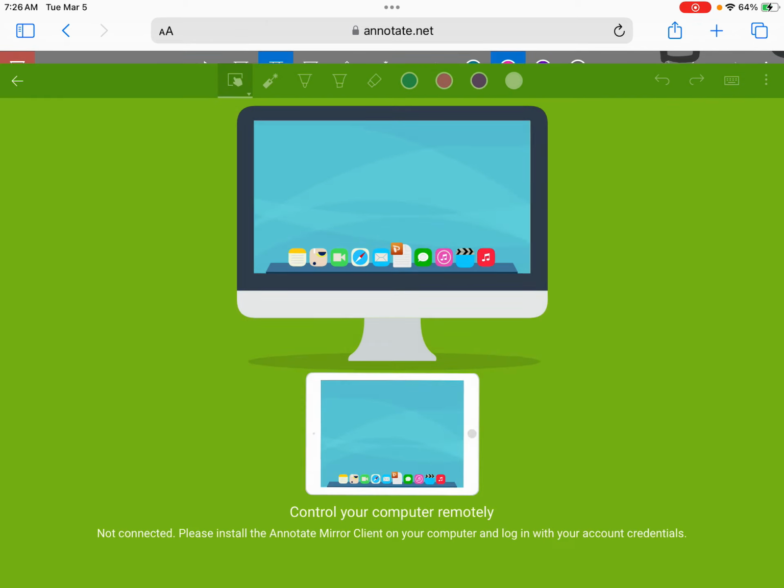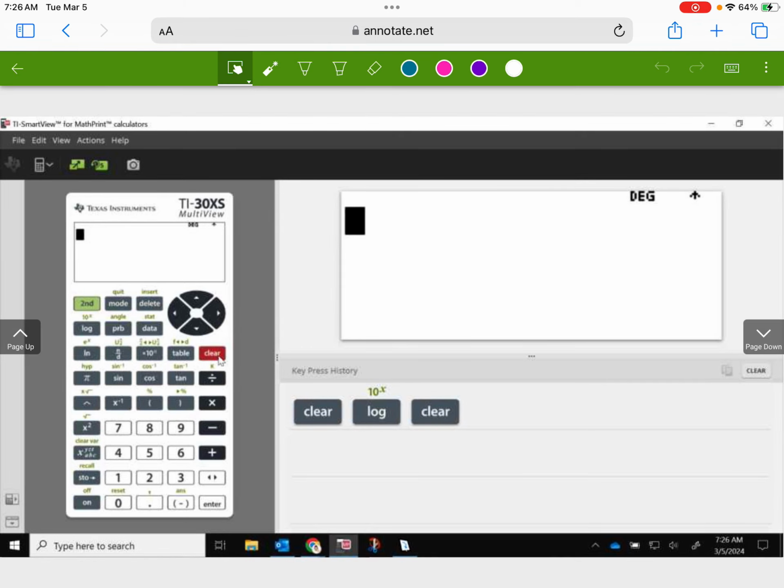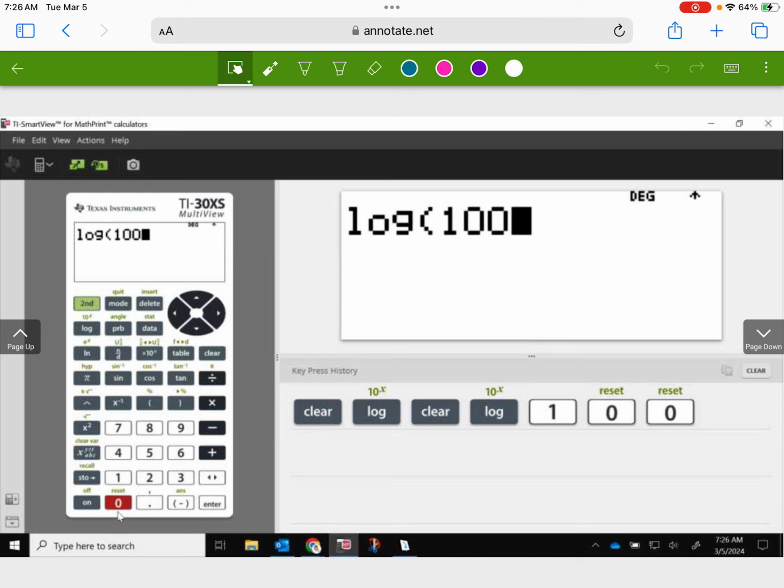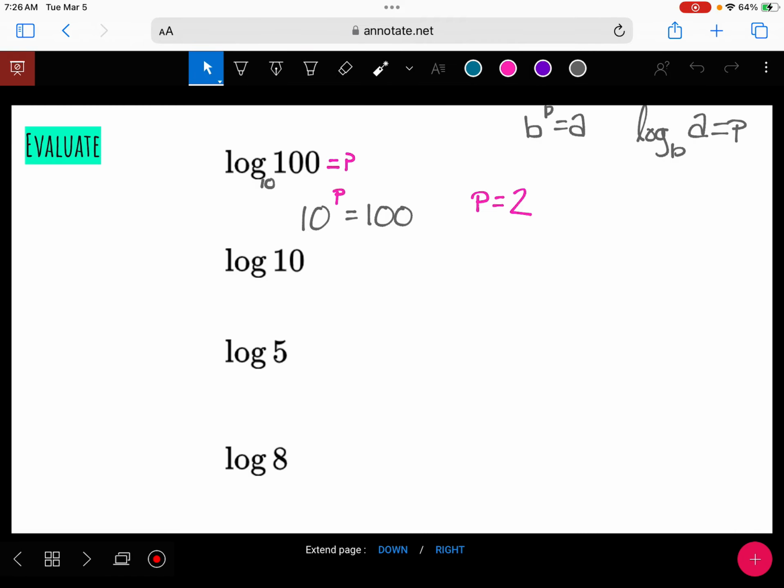And if we go to the calculator and we try it there, our log, it's the one right underneath the second button, of 100 tells us 2. So we're matching up. So log of 100 is 2.